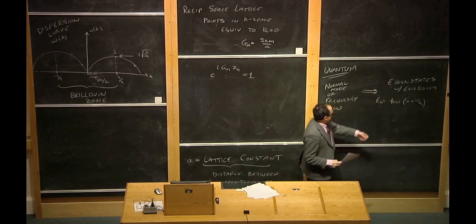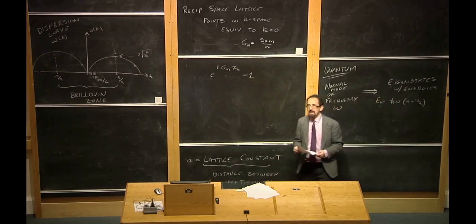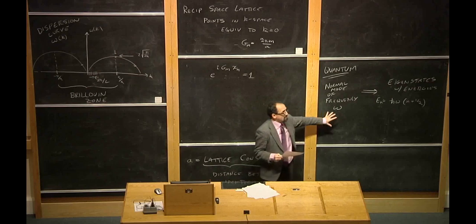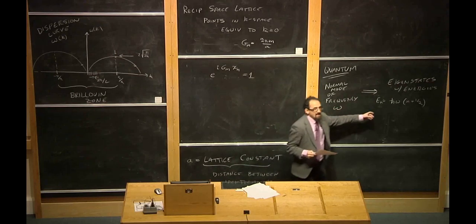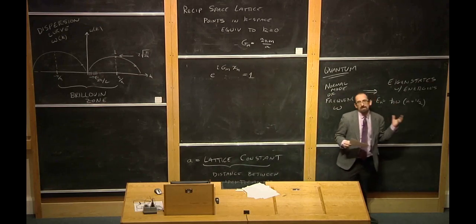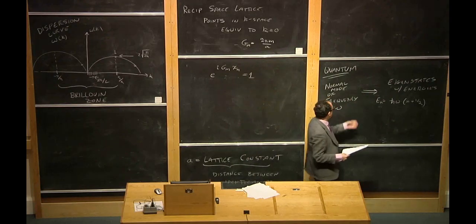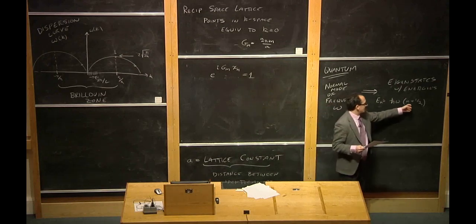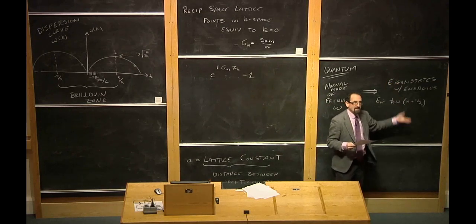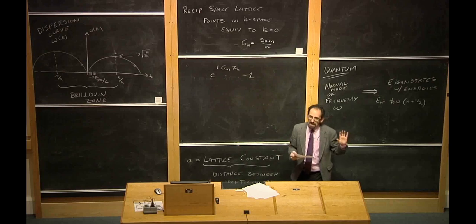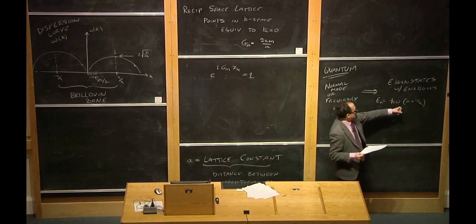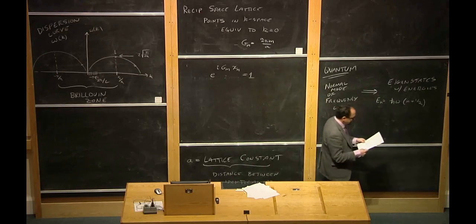So what is this n telling us? You pick a particular normal mode that you're looking at, and this n is basically telling you the amplitude of that mode. If you let it oscillate a lot, it has a lot of energy. If you let it oscillate a little bit, it has only a little bit of energy. But the key thing is that the energy is quantized in integer units of this h bar omega.